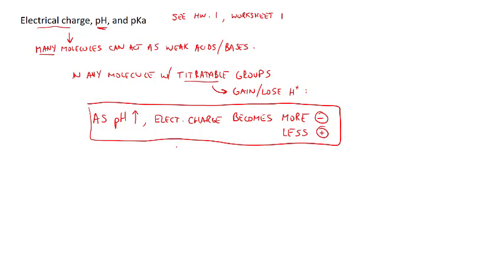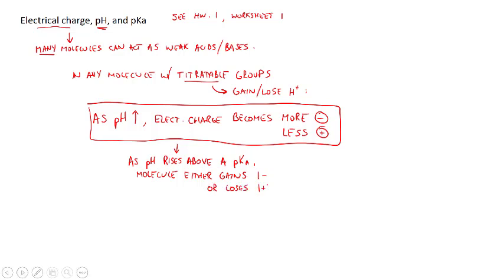There's another formulation that I think is more useful if you're looking at individual molecules. As the pH in solution rises above a pKa, your molecule either gains one negative charge or loses one positive charge.